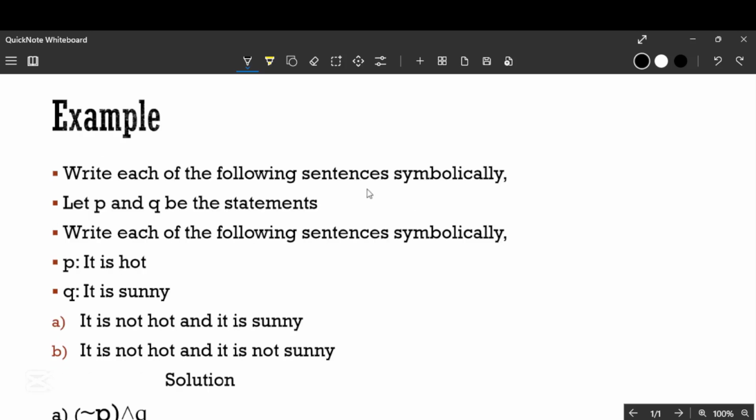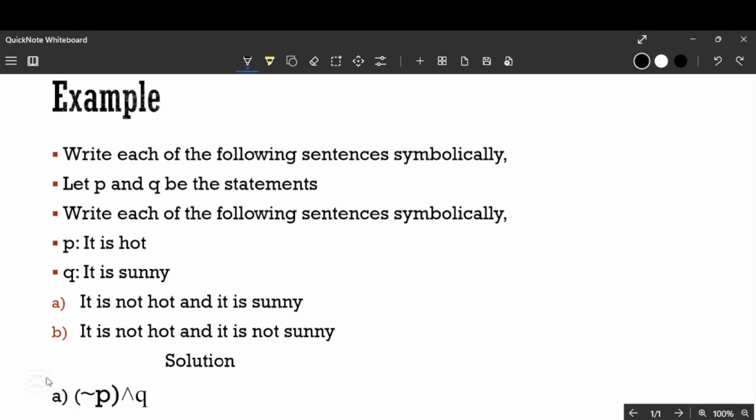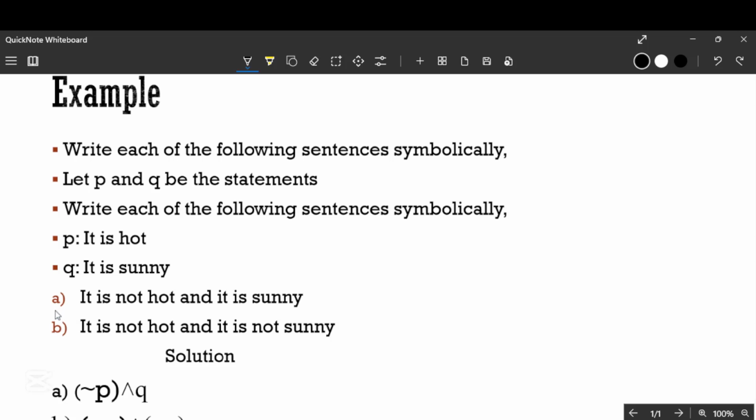Write each of the following statements symbolically. Let P and Q be the statements: P, it is hot; Q, it is sunny. Then we have our first one: it is not hot and it is sunny. In this case, it is not hot becomes negation of P, and we put that in brackets.